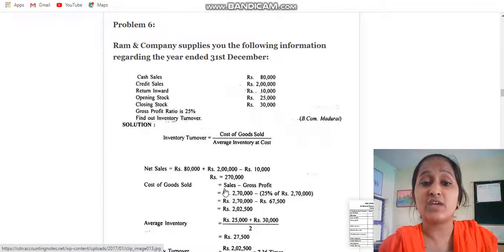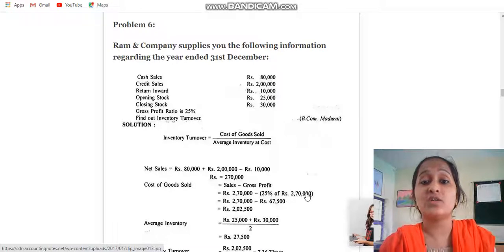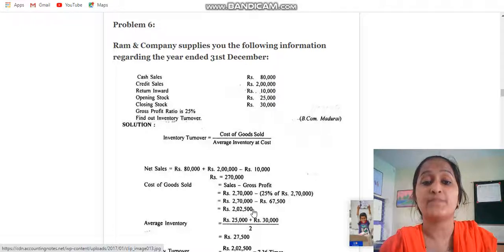Now it's easy. We have sales 2,70,000 minus gross profit 25% on 2,70,000, which is 67,500. 2,70,000 minus 67,500 gives you 2,02,500. So now we got the cost of goods sold.